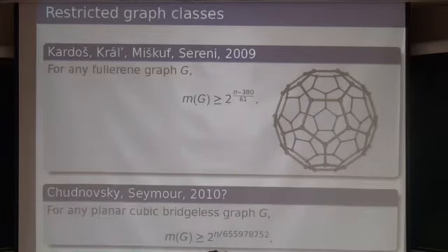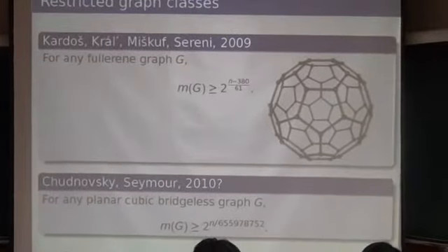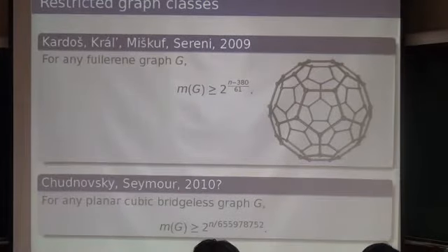And a couple of years ago, Chudnovsky and Seymour proved that the conjecture holds for all planar graphs. And so they proved n over a very large constant, which is not really important. I mean, getting to the exponential part is the important bit.